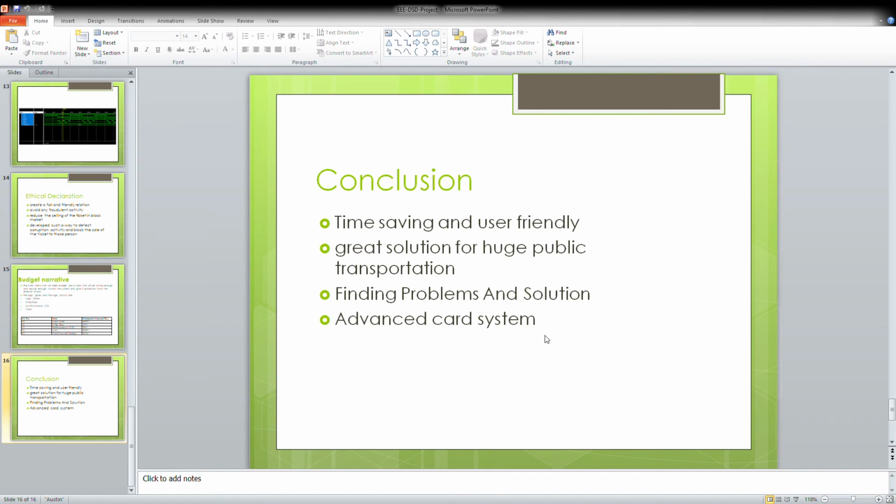Conclusion. Using this system, time is saved because we don't need to wait in line. We can buy online, and it is user friendly. It is a great solution for public transportation.